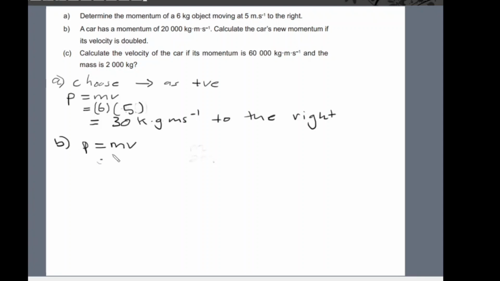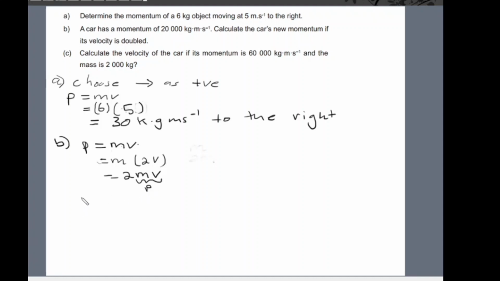So this is the momentum, and momentum is equal to mass times velocity. So if we double the velocity, then we'll have 2mv. If we double the velocity, then momentum will also double, because this is momentum p.